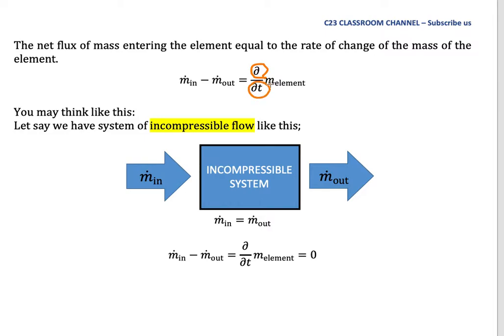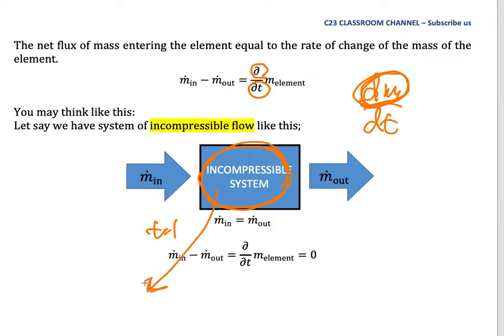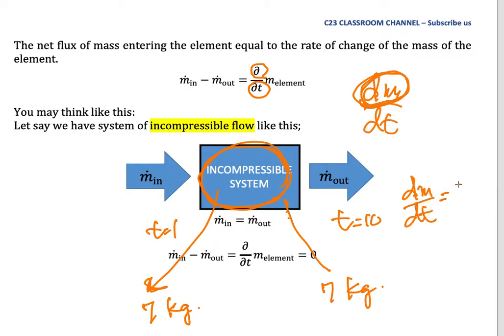Here you need to understand what dm dt means. Inside this system there are no mass changes, meaning no increment or decrement of mass in terms of time. For example, at time equal to 1 second, the mass is maybe 7 kilograms. After a certain time, for example t equal to 10 seconds, the mass in this system remains 7 kilograms. So we could say that dm over dt is equal to 0.